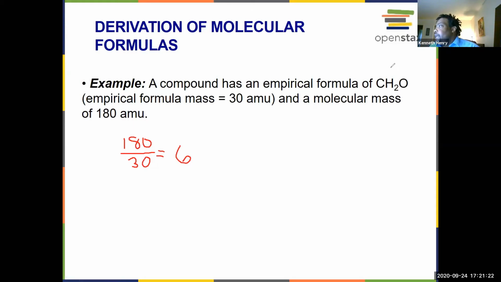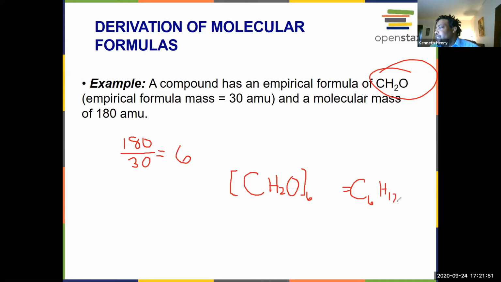So then we take our empirical formula and multiply each of those by 6. So our molecular formula is going to be C6H12O6. Piece of cake?